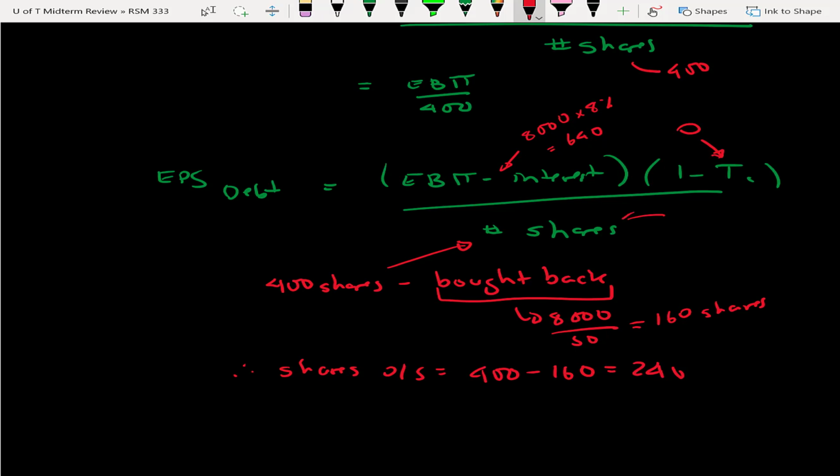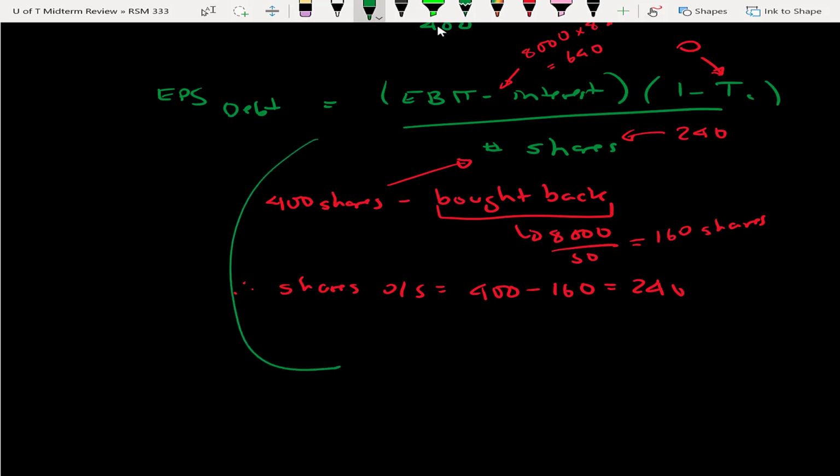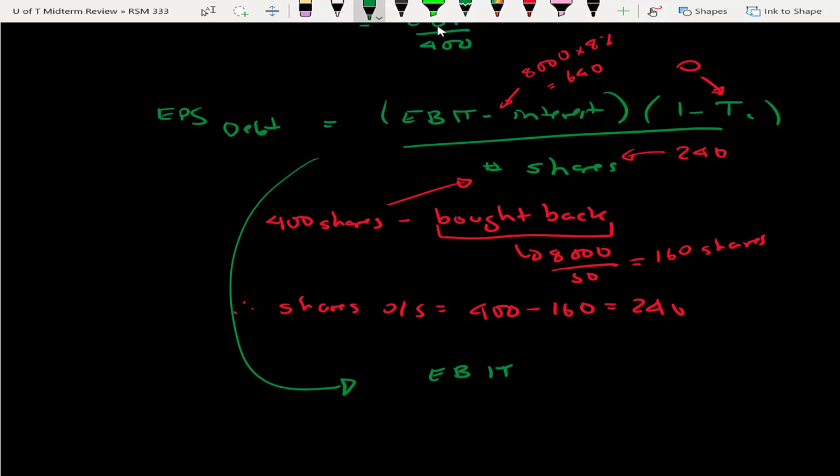Okay, so I'll just put this as our final answer there. And then if I simplify that with what we plugged in, I get EBIT minus 640 divided by 240. Okay, so our break-even EBIT will occur when those two are the same.